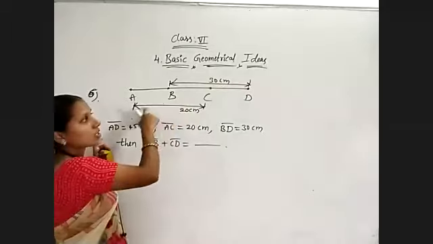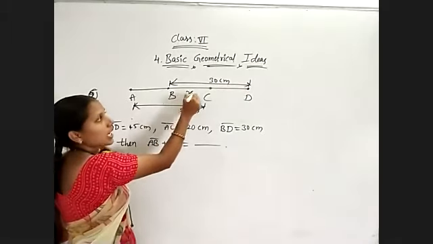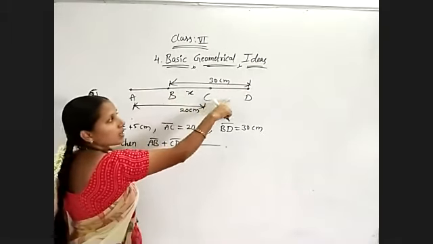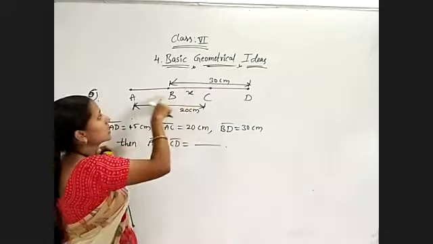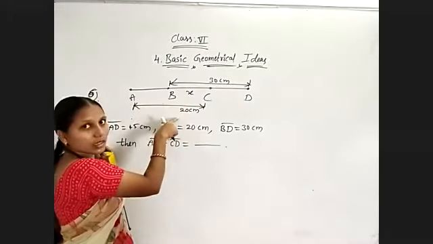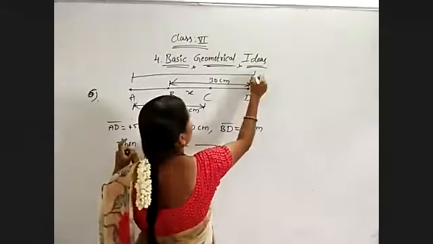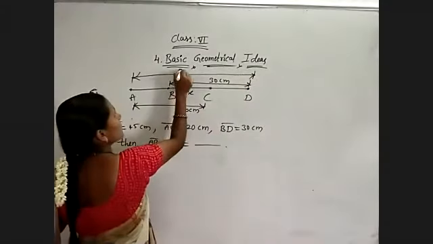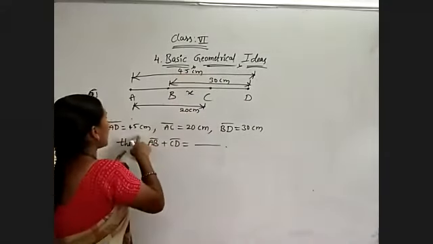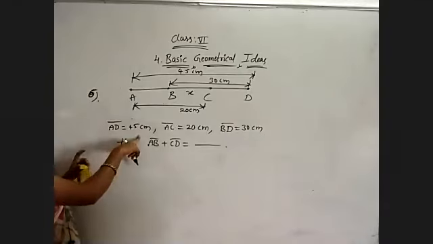Okay, BC is common for both. So suppose here it is X. So X plus CD equal to 30, X plus AB equal to 20. Okay, now the complete length is given as 45 centimeters. AD equal to 45 centimeters.